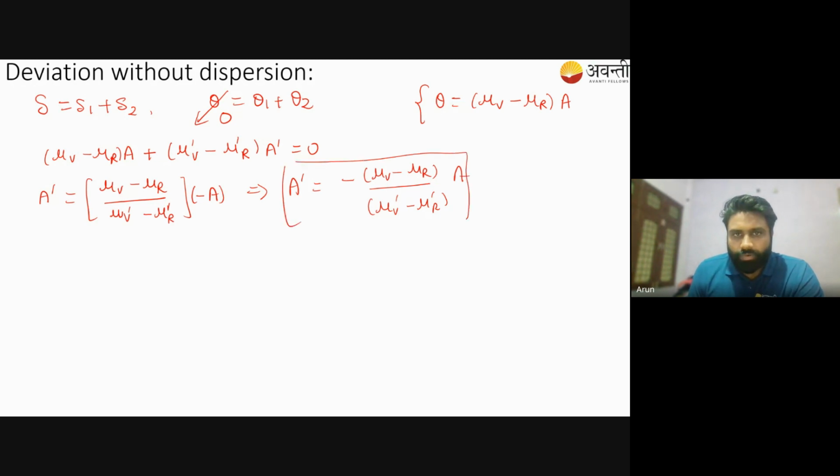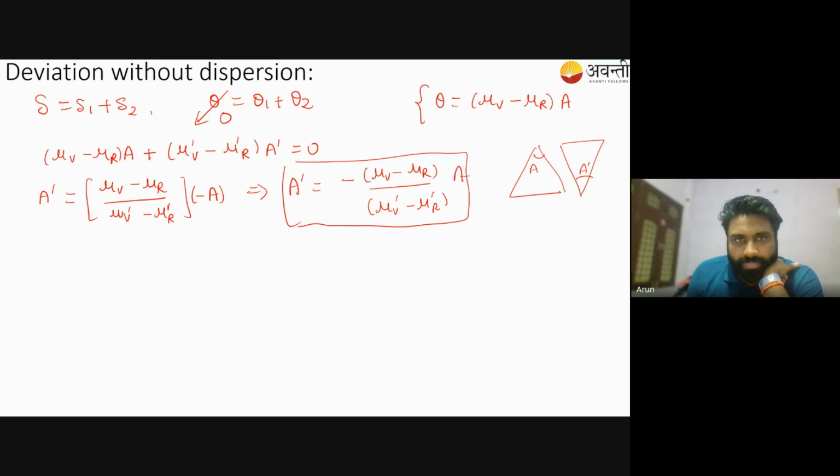So this is the formula for the angle of the second prism. We have a combination of two thin prisms over here. One is placed inverted. And this negative sign indicates that this second prism is inverted, because this a dash is representing the angle of the second prism. This a is the angle of the first prism.